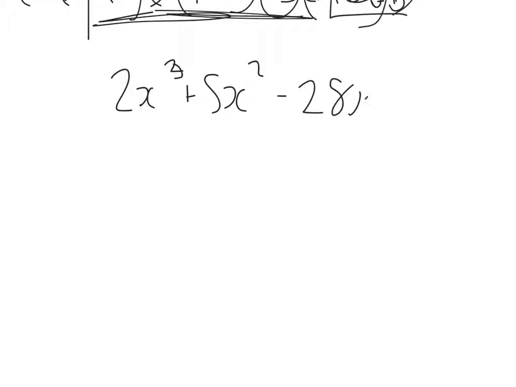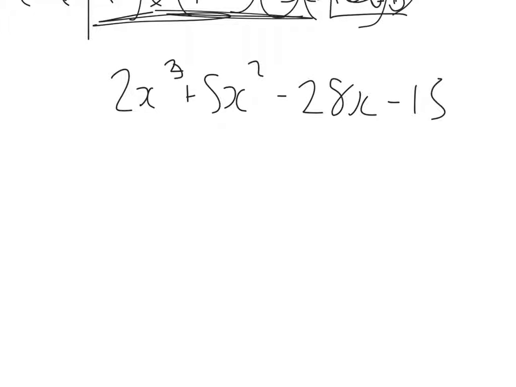Next one, we're going to fully factorise 2x cubed, rather, plus 5x squared minus 20x minus 15.